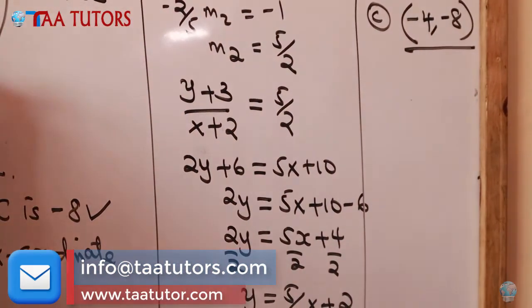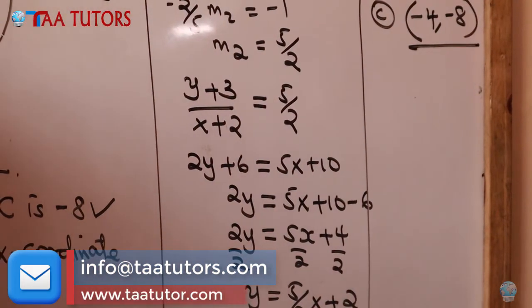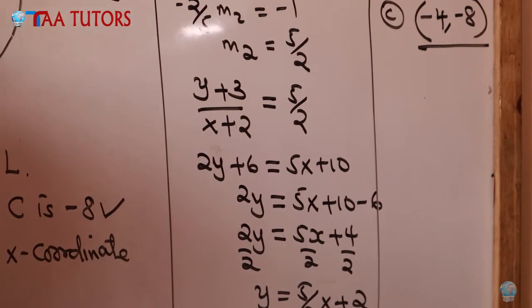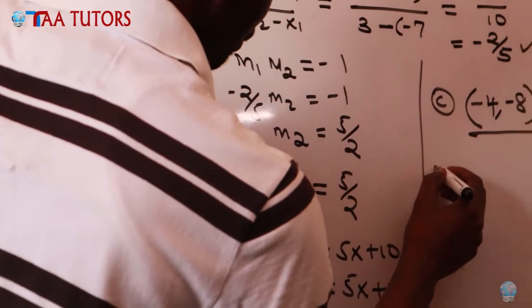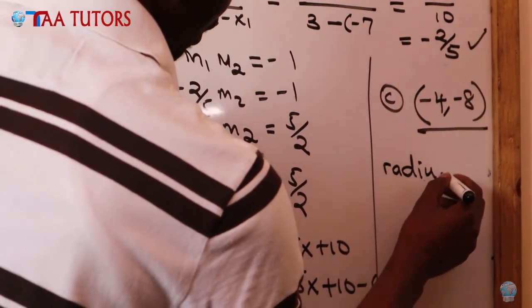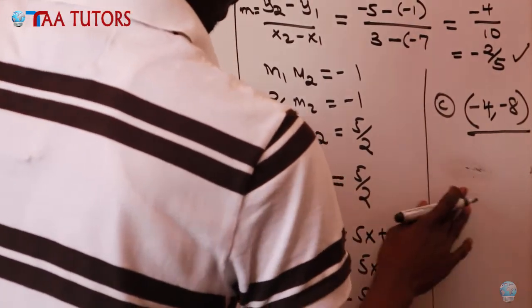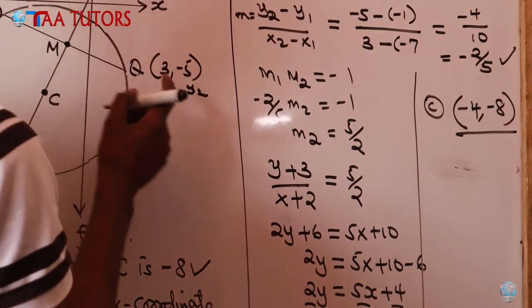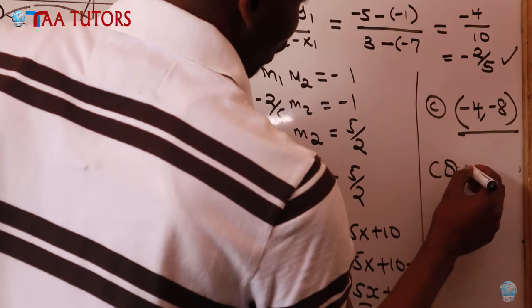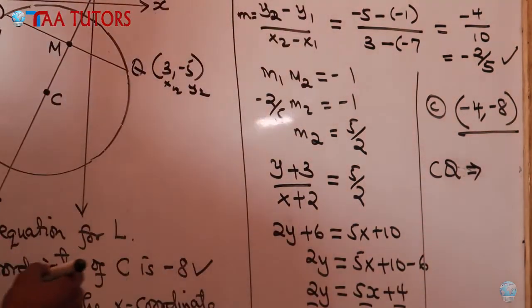But we know that there's either this coordinate or this coordinate on the circumference, because we have to get its radius. So what we are supposed to do here is, the radius of the circle is actually the distance. Let me say the distance CQ.